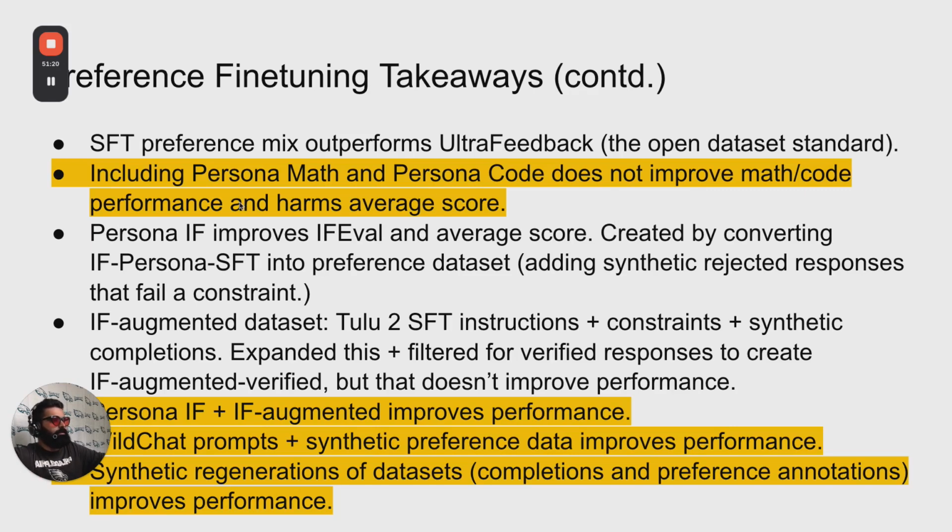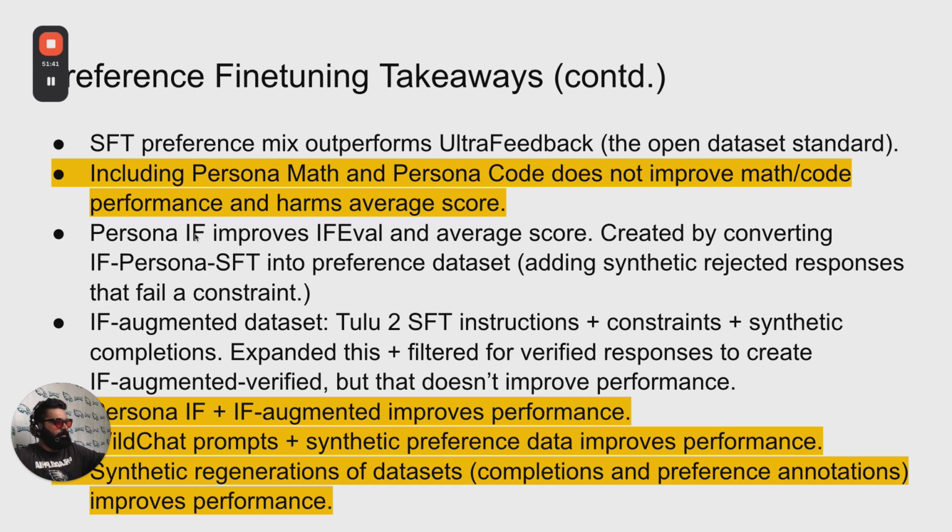They found that including Persona math and Persona code does not improve math and code performance and actually harms average score as well. That was surprising to me, right? I did not expect that they would find that math and code data does not improve math and code performance, but in terms of preference, it does not.